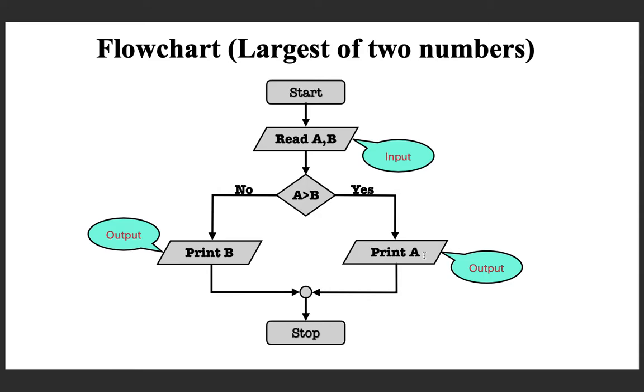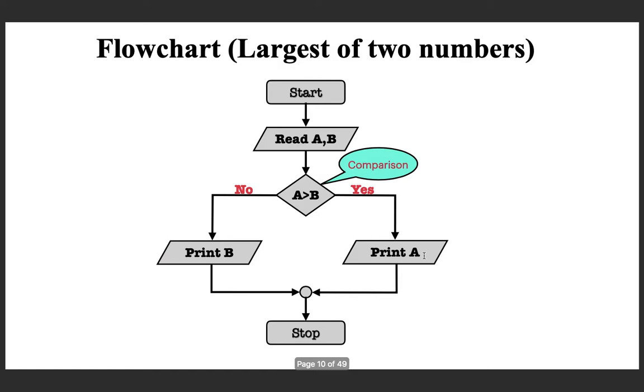So, parallelograms represent input or output operations. Then you have diamonds to represent a comparison operation. Here you perform a comparison to see whether the value of A is greater than the value of B, and it is represented by a diamond, and it will be having 1 input line and 2 output lines.